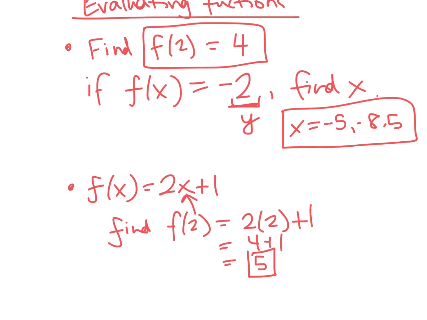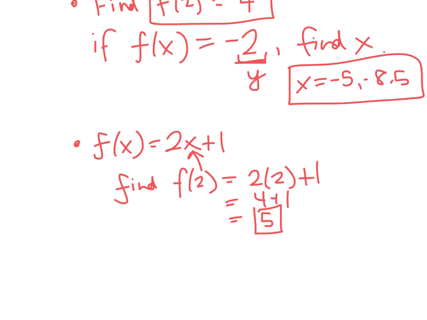Okay. Then let's say they ask a backwards one. They say if f of x equals, let's say 3, find x. So in that situation, they actually give us the y value. They give us the answer.